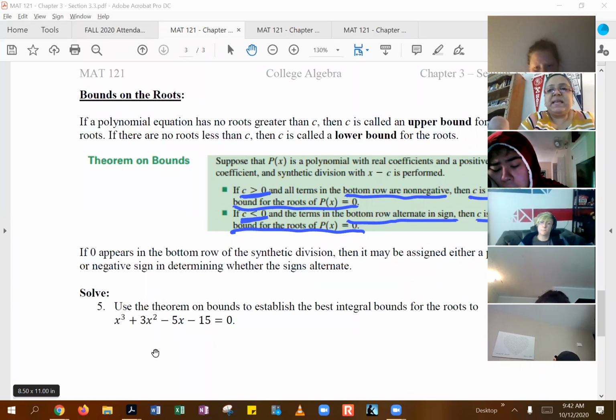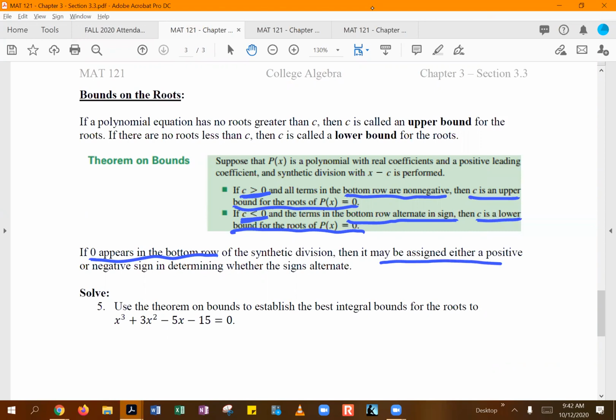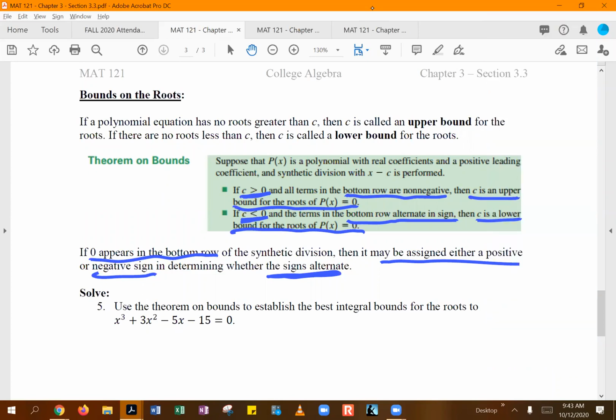And you will see with this rule on theorem on bounds, if a 0 appears in the bottom row of your synthetic division, you can assign it a positive or a negative sign, if it's going to help you in alternating the signs. So you can use this idea of assigning a positive or a negative, especially for finding the lower bound, if you need your signs to alternate. So this will be another thing that will help us narrow down our options.